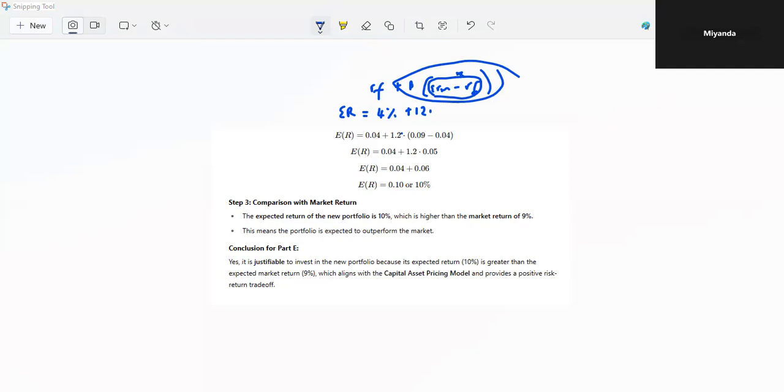That's why I thought, let me seek clarification first. Okay, so the beta times market premium. Have you heard of that? Not really.